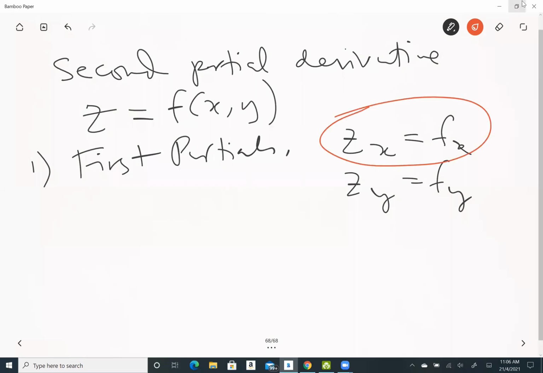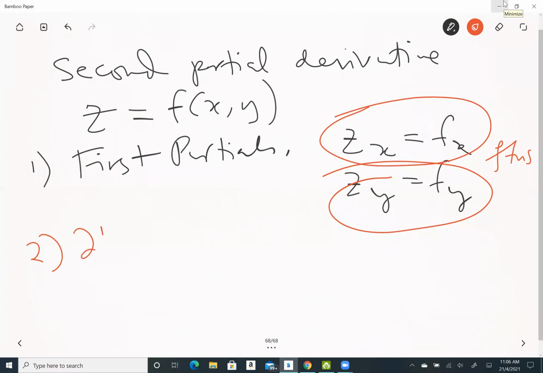Now when they are functions, you can take the derivative. So the second partial will be the derivative of the first partial. Here you take the derivative of the derivative. That would be the second partial, so the second partial derivative is the derivative of zx.